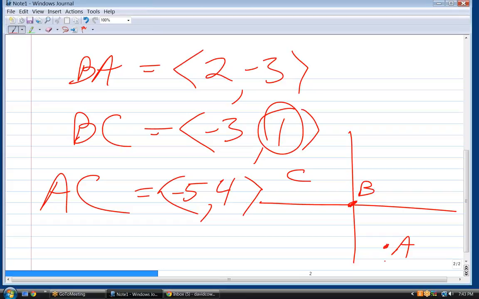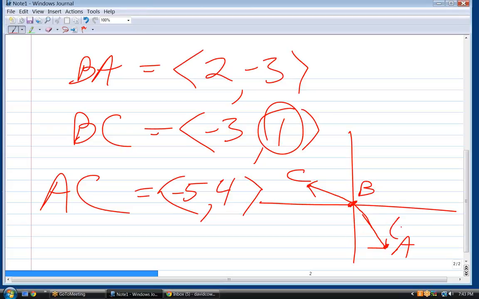That's how I got to A. That's the vector BA. The vector BC is 3 units to the left on the x-axis, 1 unit up. So that's how I got there. That's vector BC. You with me? Yeah. Okay.